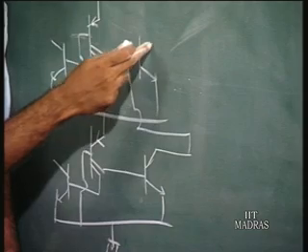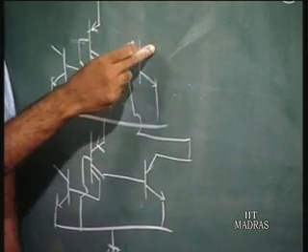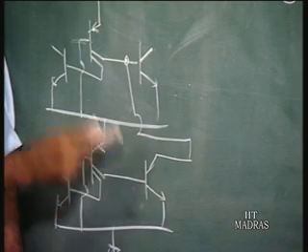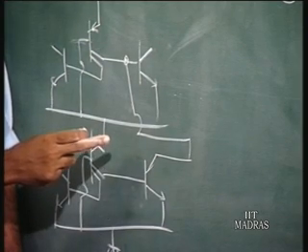But the problem is that if you want to take an output of an upper level transistor and feed it as input to the lower level, that cannot be done. Why?